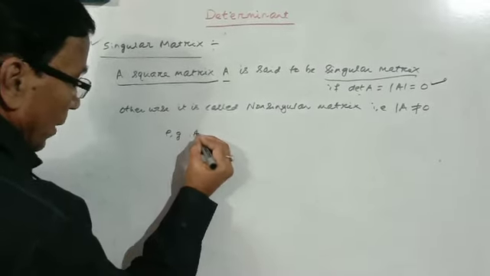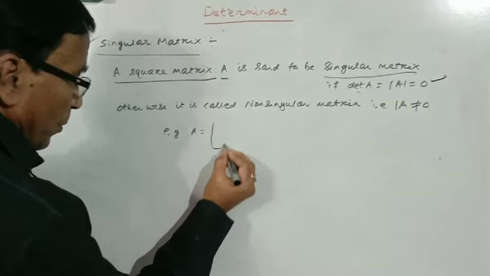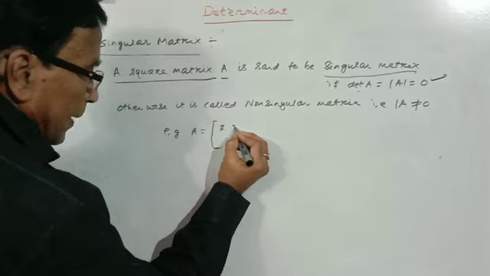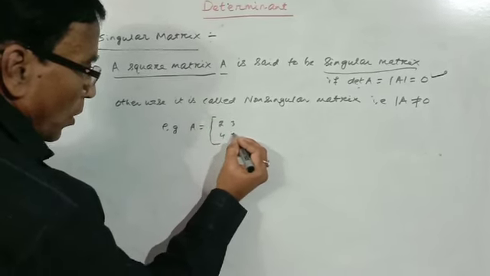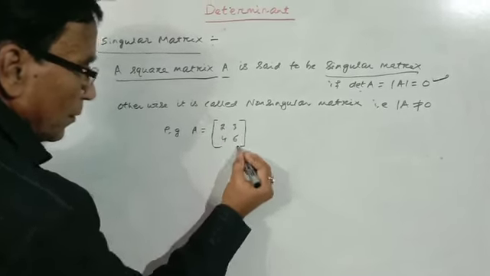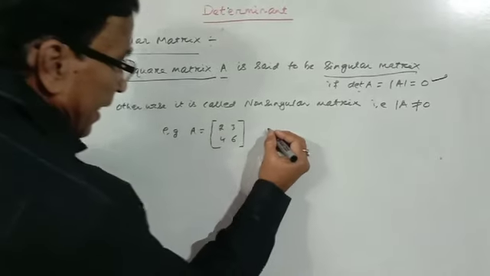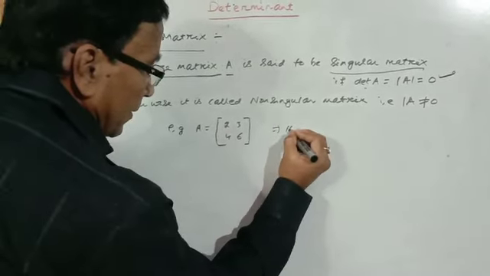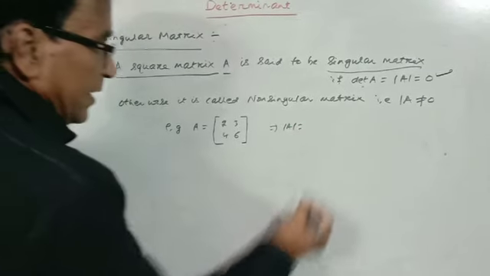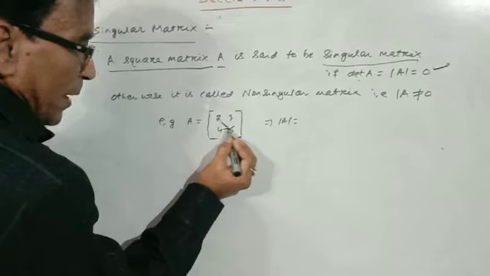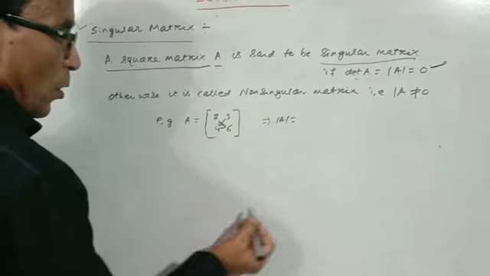For example, we take A matrix to be 2, 3, 4, 6. Then if A is equal to this matrix, its determinant is equal to the product of the diagonal elements minus the product of the non-diagonal elements.